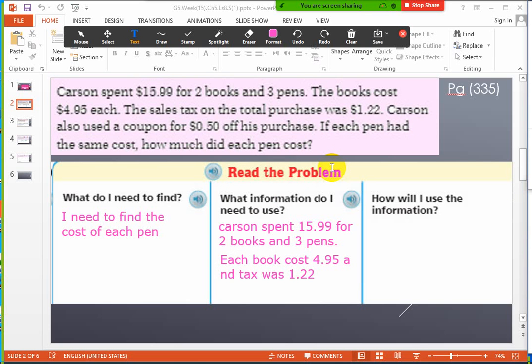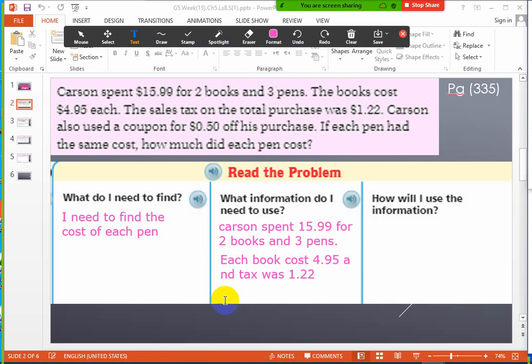That means I have a discount here. He used a coupon for $0.50. So I have to write it also. A coupon for $0.50 off.